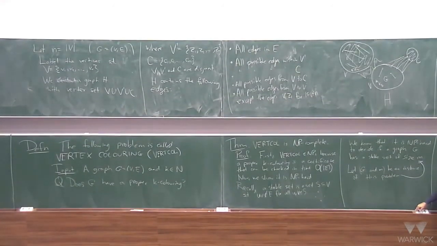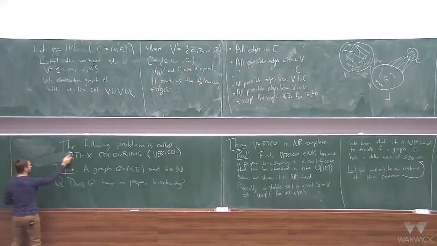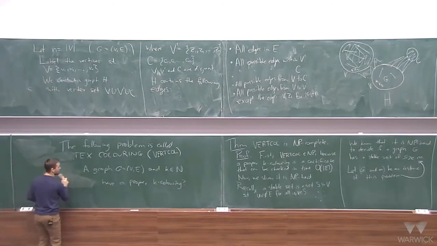So in other words, we need to show that there's a proper k coloring of H for some specific value of k, which we get to choose, if and only if the original graph G has a stable set of size m.